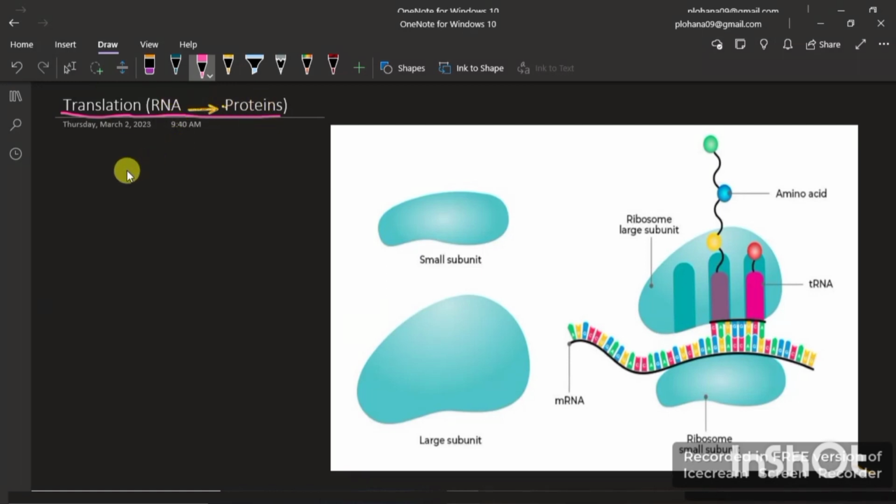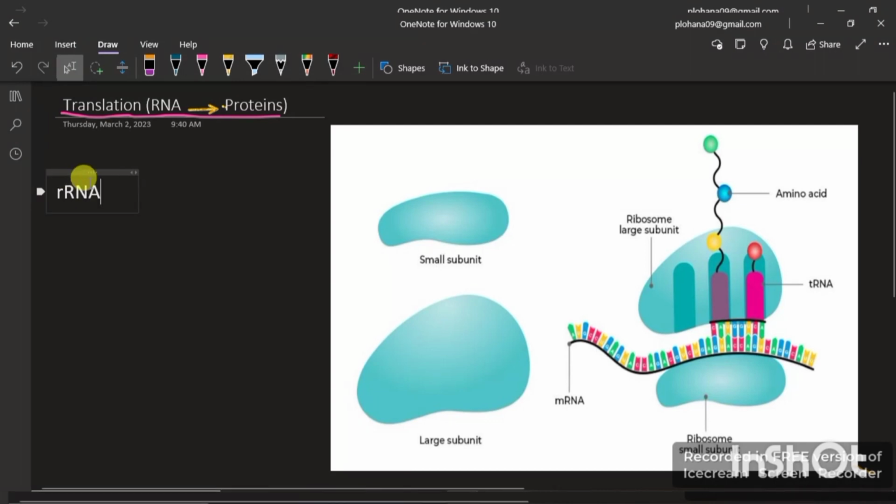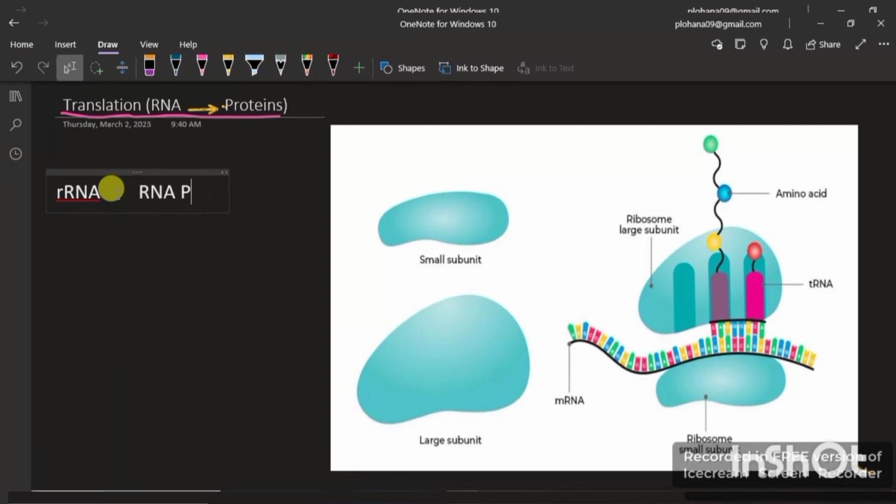As we discussed in the previous video as well, we have three types of RNAs. What were those three types? Let's see here. The first RNA was rRNA, which was formed by using RNA polymerase 1.